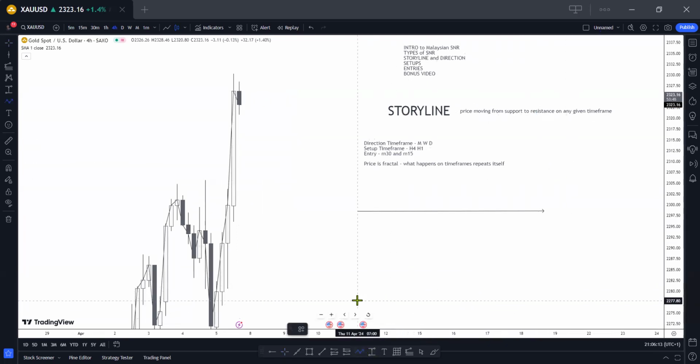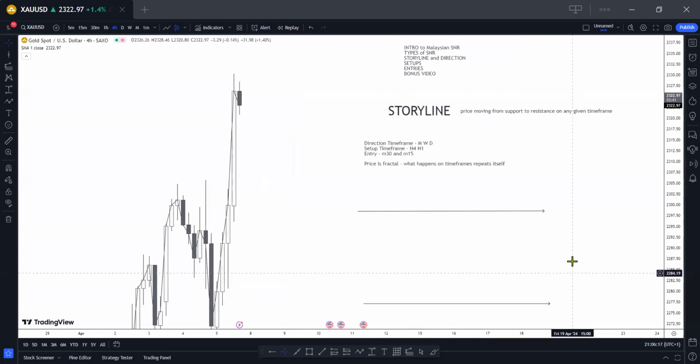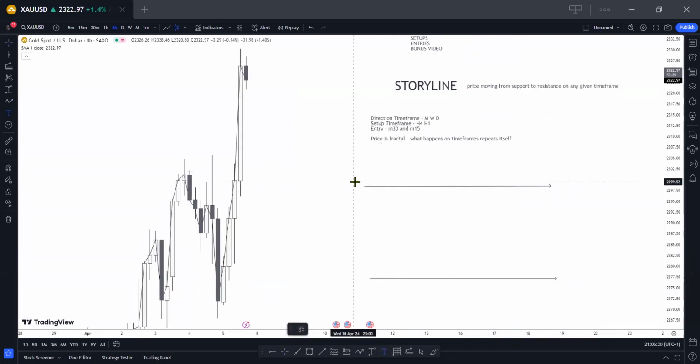So let's say, for example, on the daily time frame, let's say this is the daily, right?